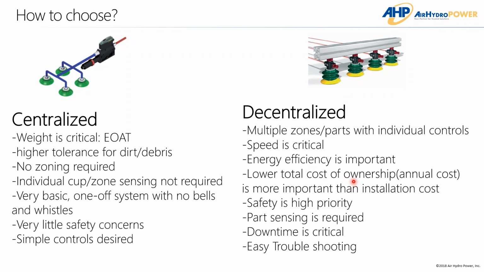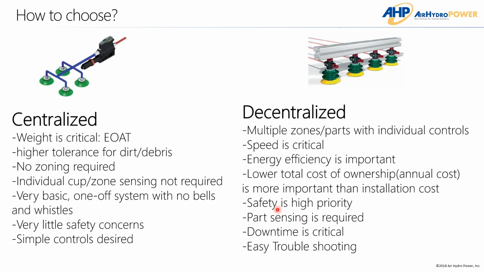And that's one thing to really point out to the customer, because usually it can be a bit of a sticker shock when anyone is used to, hey, I've got this centralized system and I want to improve it a little bit. It can be a sticker shock going up to having an individual pump per cup. But when you think about it, it's maybe $100 or $200 extra per cup, that's a one-off expense where you're going to be reaping the benefits of the energy efficiency and the productivity of that machine from having that control.